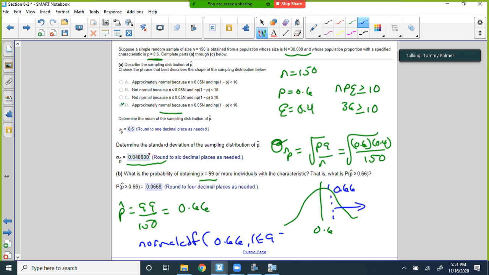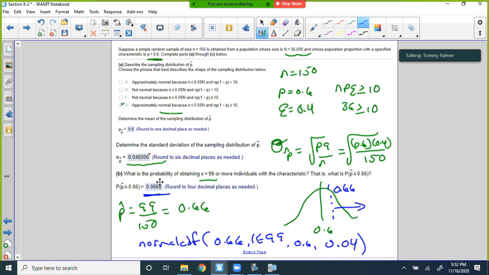What's my second bucket? 1E99, right? Again, how do I get the E? That second comma, that's the little button above the 7, the comma. Now, what's my mean? 0.6, and then my standard deviation. For this one, I can just go to, it's not going to change it, right? When you do that, guess what you get, guys? 0.0668, yeah?